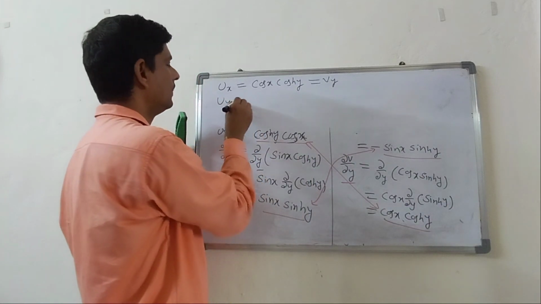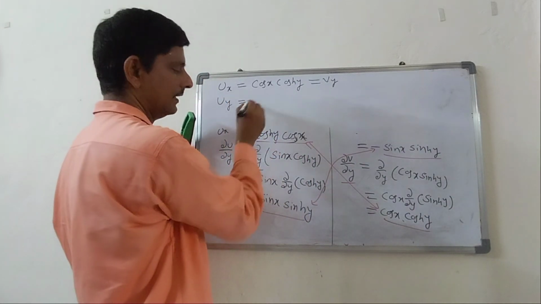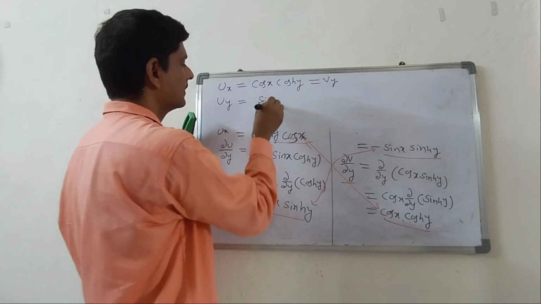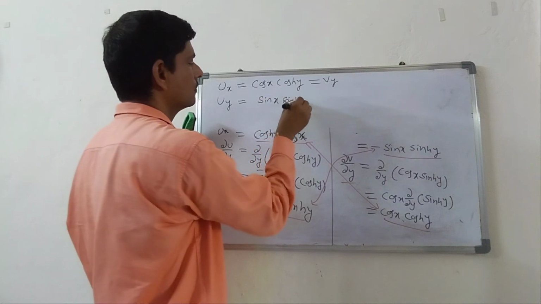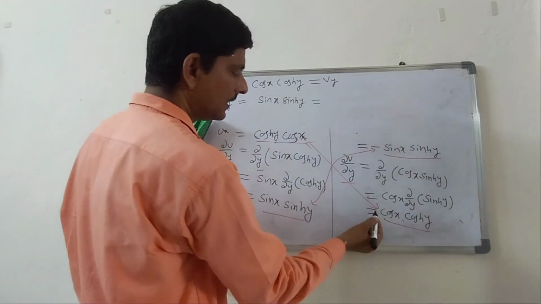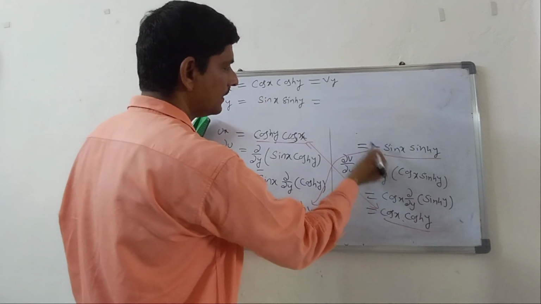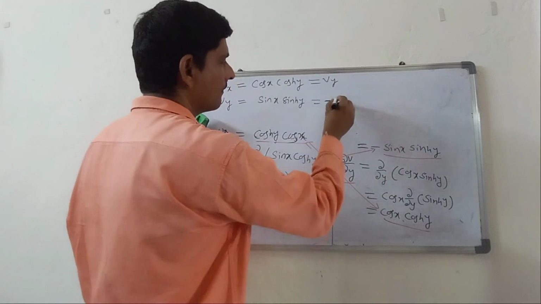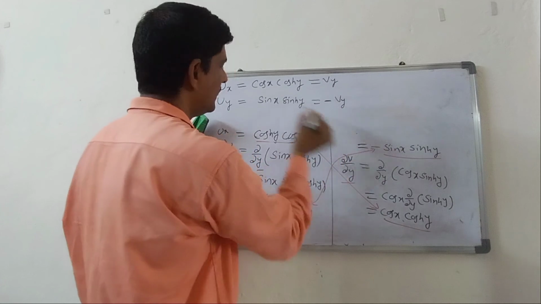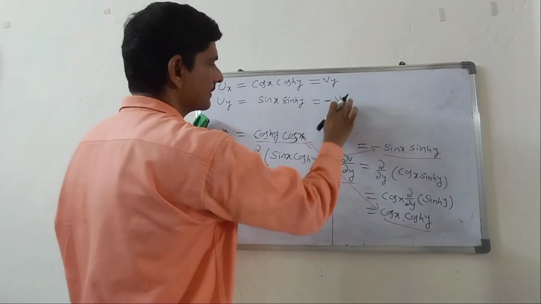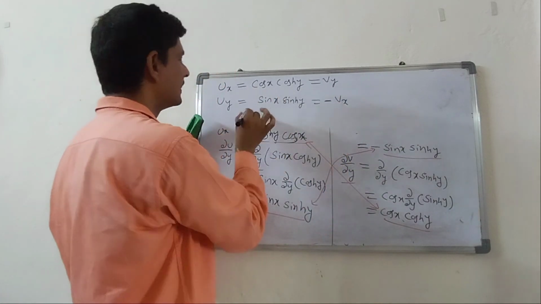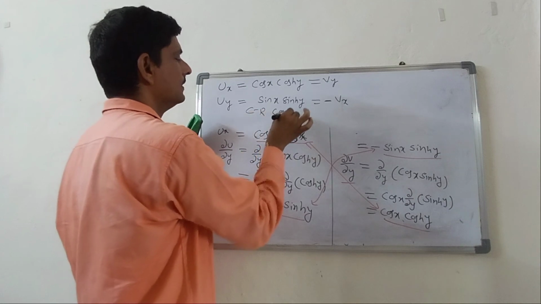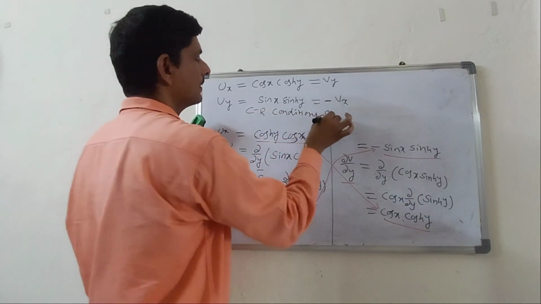And uy is equal to sin x into sin hy. It is clearly equal to minus vx. So CR conditions are satisfied.